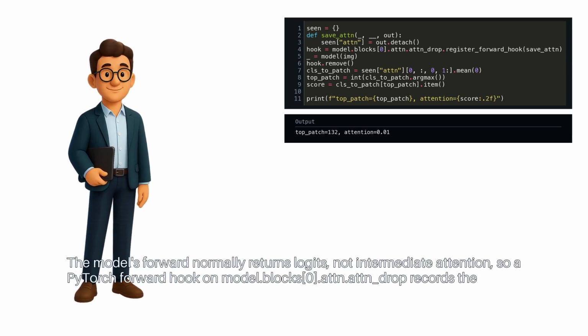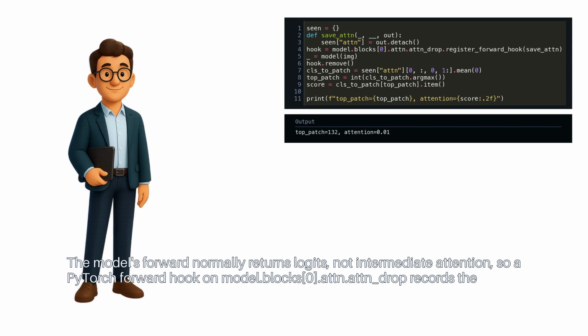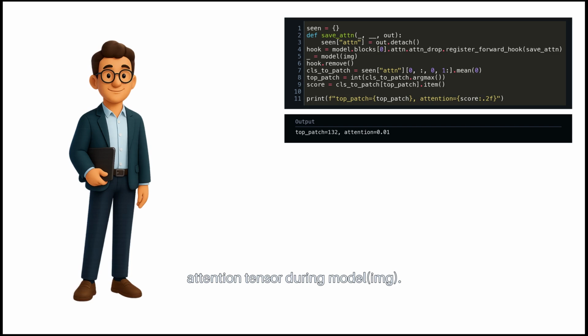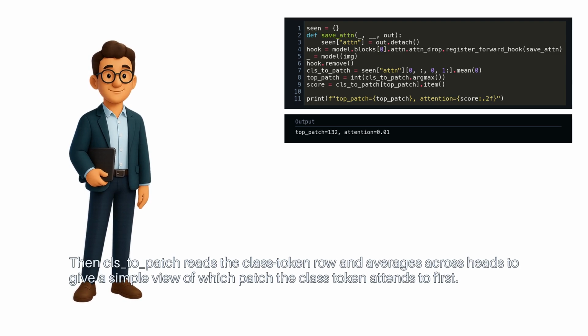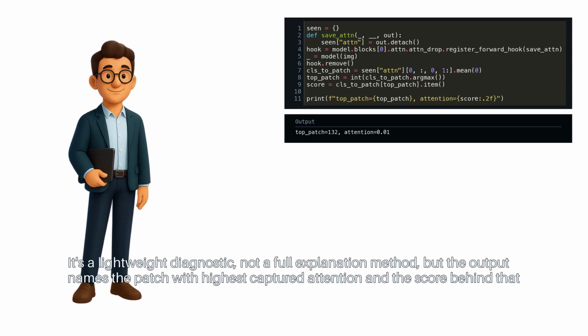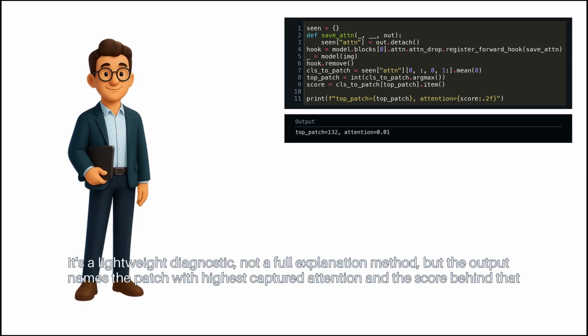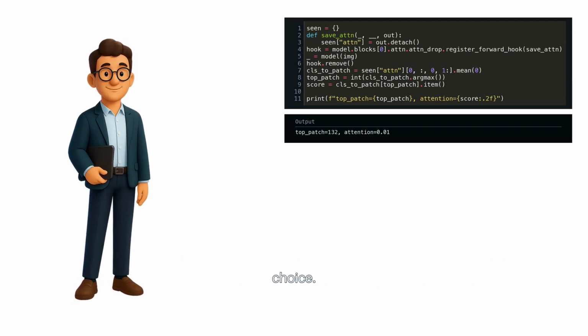The model's forward normally returns logits, not intermediate attention, so a PyTorch forward hook on model.blocks.0.attn.attn_drop records the attention tensor during model(image). Then, cls_to_patch reads the class token row and averages across heads to give a simple view of which patch the class token attends to first. It's a lightweight diagnostic, not a full explanation method, but the output names the patch with highest captured attention and the score behind that choice.